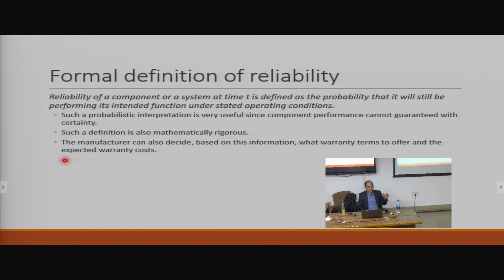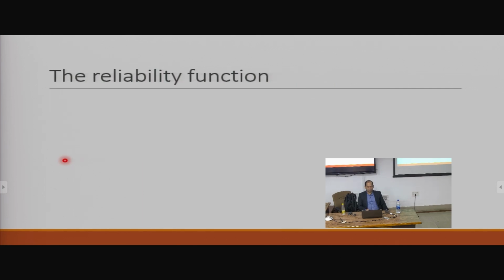Utility functions are nonlinear, so they capture the preferences under risk. When you find the expectation of the utility function, you are actually taking into account the risk attitude of the decision maker. So when you have a formal definition of reliability, which is also probabilistic, it provides an input to your decision-making model.